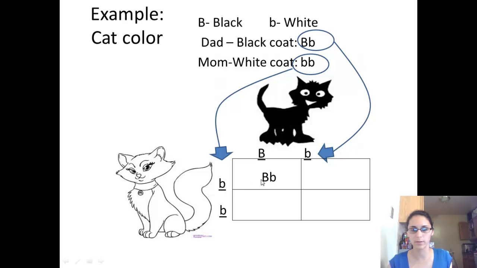And then one little b from our mom. And then we fill in all the other 3 squares the same way. So the next one, we'll have a big B from our dad and a little b from our mom. And the next one, going to have a little b from our dad and a little b from our mom as well. And the next one is the same, 2 little b's. One from our dad and then a little b from our mom.